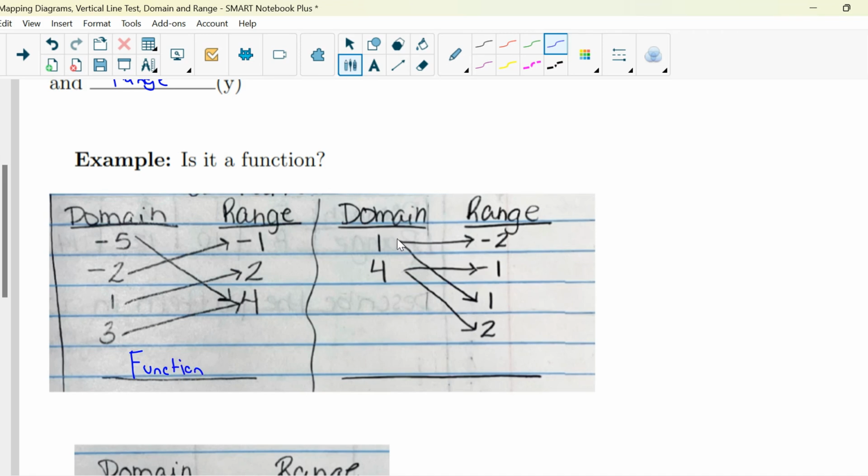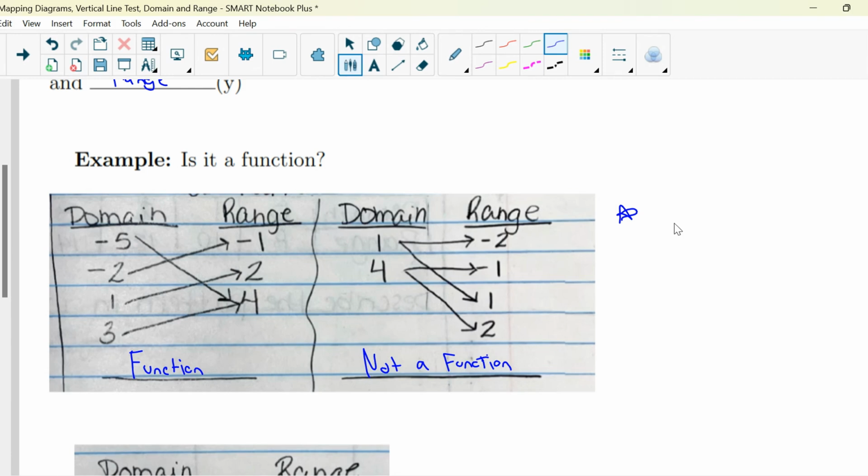In our second example here, if you input 1, you can get both -2 and +1. If you input 4, you can get both -2 and 2. So this one is not a function because both of these input values have multiple output values.